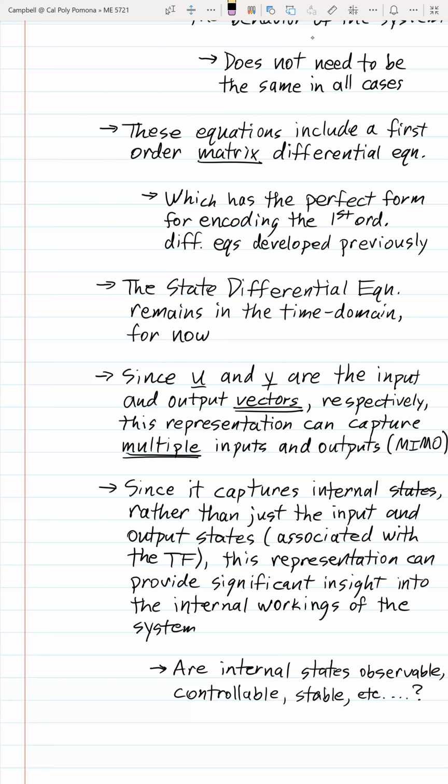Now, why do I say in theory? And this is very important, because in real systems, there is no way for a system to really respond in a completely unstable fashion.